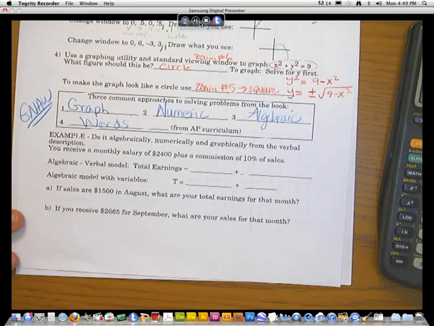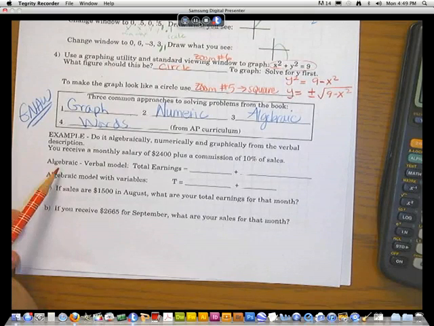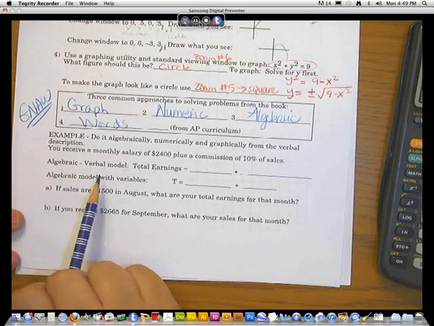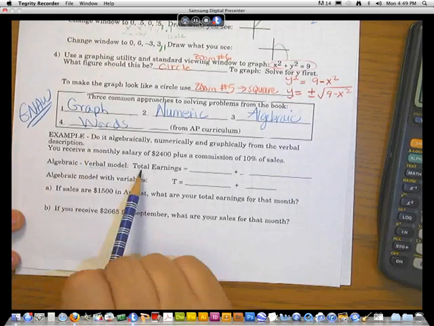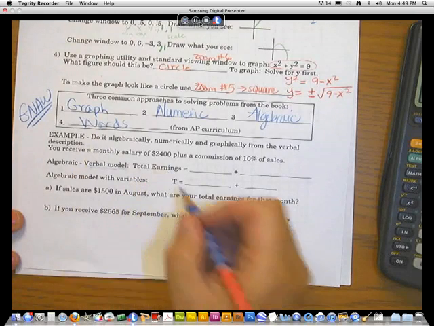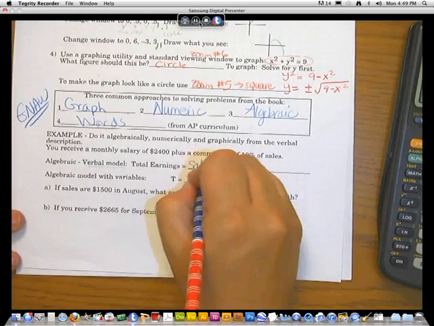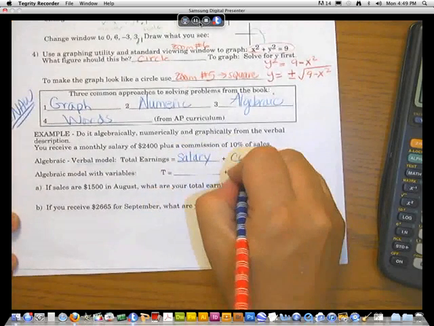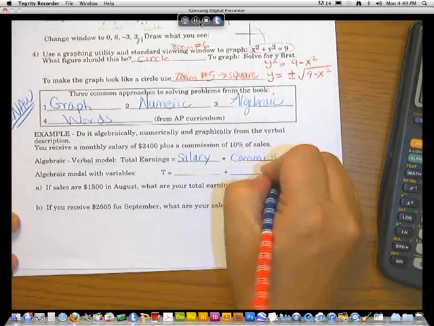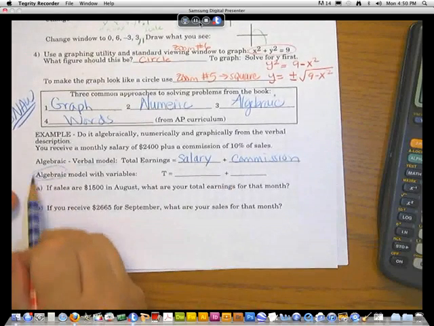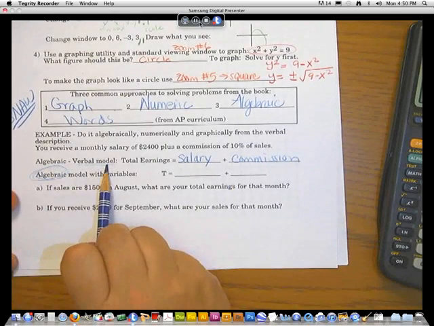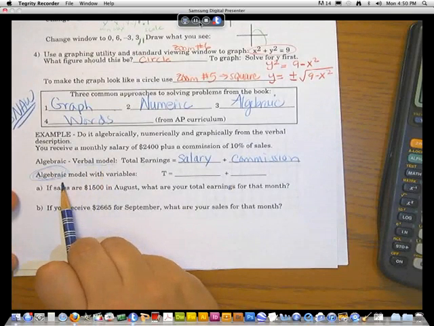You receive a monthly salary of $2,400 plus a commission of 10% of sales. So algebraically, we're going to do the verbal, so that's our words. We're going to say the total earnings is the salary plus the commission. That's what it is in words. But the algebraic is going to take those words and put it into mathematical symbols.